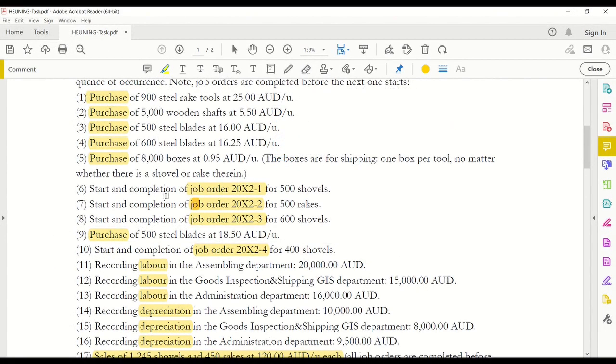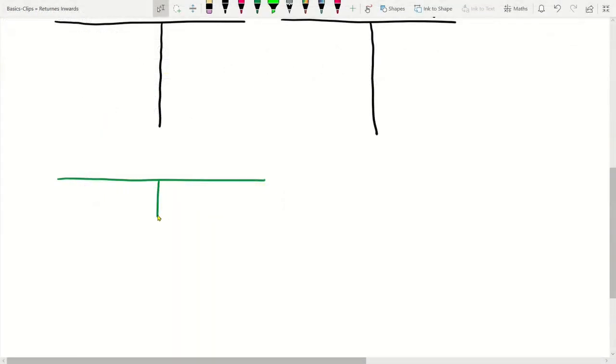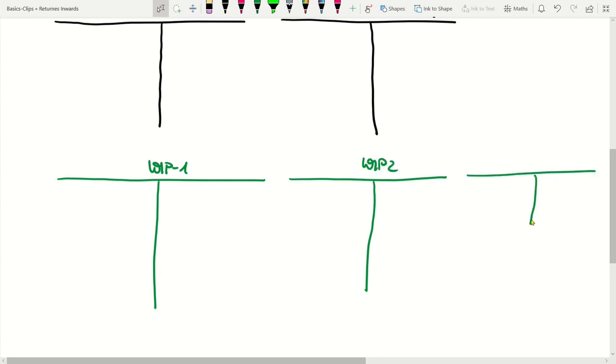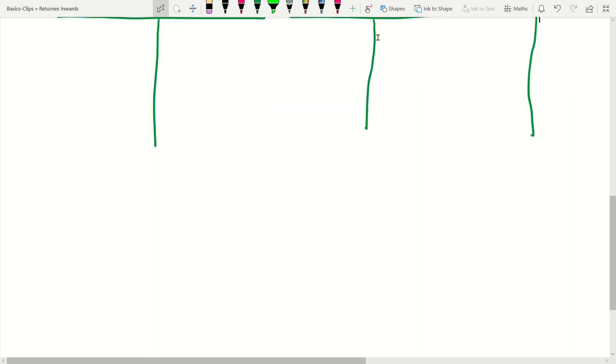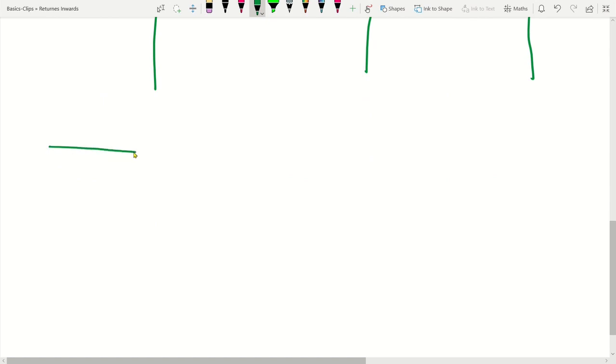Now we record the job order 2002-1. It is about 500 shovels. In total we need 4 work in process accounts: WIP 1, WIP 2, WIP 3, WIP 4.